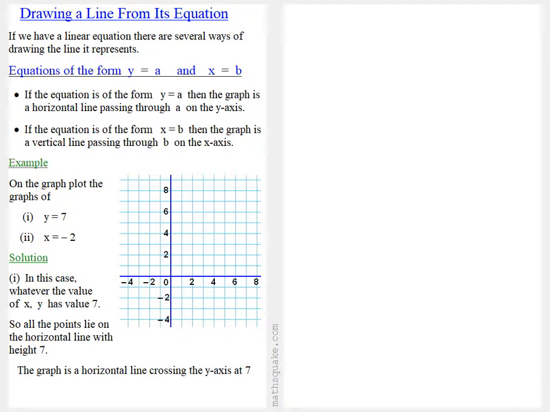So the graph is a horizontal line crossing the y-axis at 7. In question 2, the equation is x equals minus 2. Now that means whatever the value of y, x is always equal to minus 2. So the graph is a vertical line crossing the x-axis at minus 2.